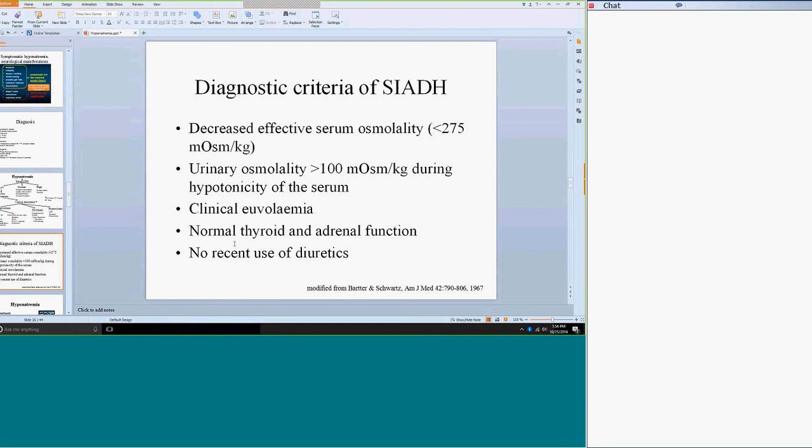But if more than 100, it is inappropriate antidiuresis. Euvolemia is an important criterion, as are normal thyroid and adrenal function, and no diuretic use.